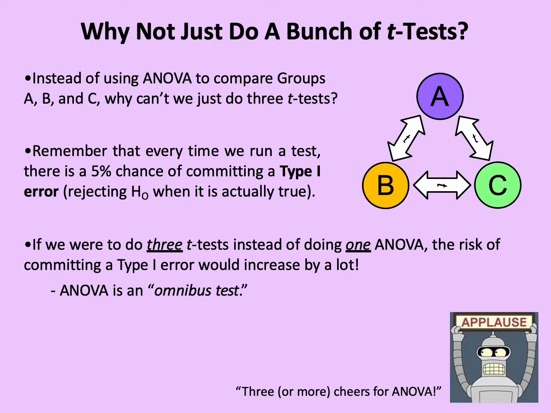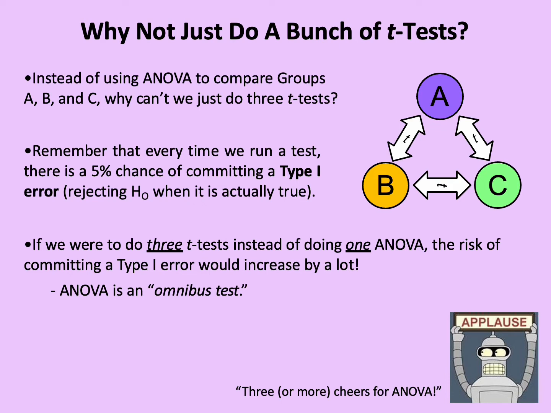So one question you might have is, why do we have to do a separate type of statistical test? Why do we have to use this ANOVA? Why can't we just run 3 different independent t-tests? That would certainly be simpler. But there's a caveat whenever we conduct any kind of statistical test, and that's what's known as a type 1 error.